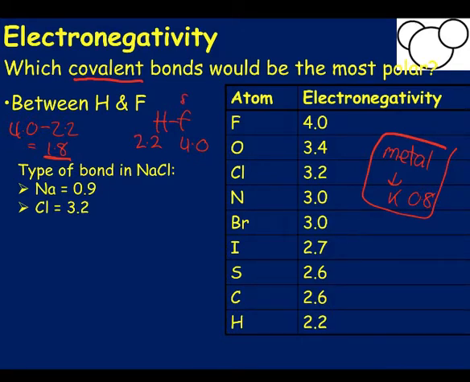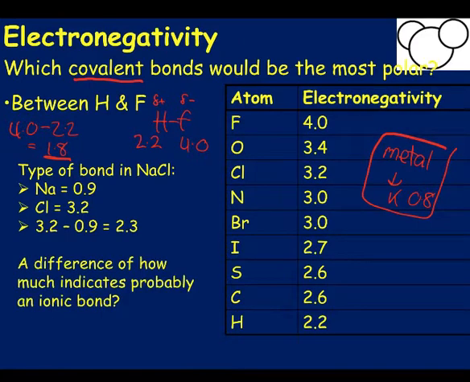I should have put up here that this is how you would draw it: the F is the bigger number, so that gets the little delta negative, and the H is the smaller number, that gets the delta positive. But going back to NaCl, if we take one from the other, you get 2.3. This brings us to our final rule: if you have an electronegativity difference greater than 1.7, it indicates that it's probably an ionic bond.